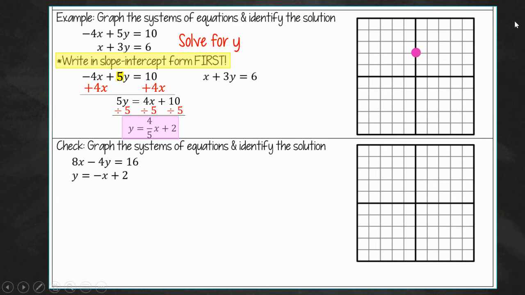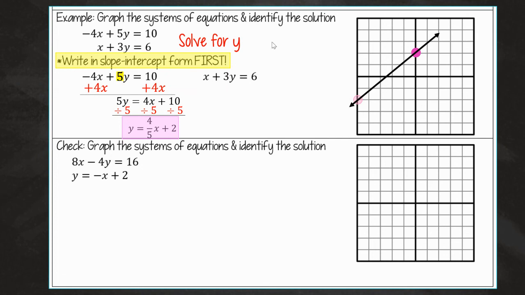You'll notice here I can't go up 4, 1, 2, 3, 4, because then I'm off the coordinate plane. So here I'm going to go down 4. And if I'm going down 4 and I need a positive slope, I need to make sure I'm going to the left 5. So there's my second point, and there I can draw my line.